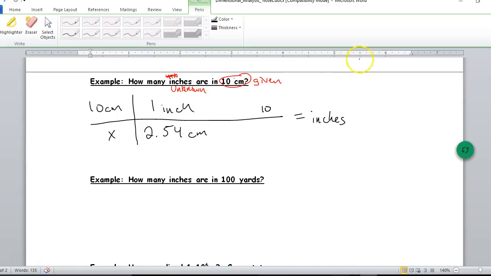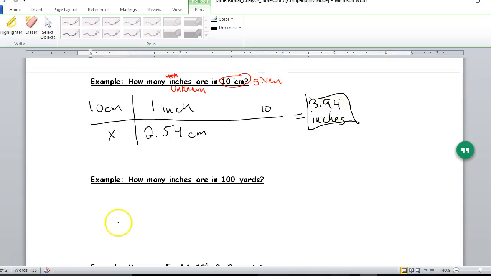So your answer would be 3.94 inches. I'm just rounding to 3 digits as a default here. So 10 centimeters is 3.94 inches. Those are the equivalent numbers there.